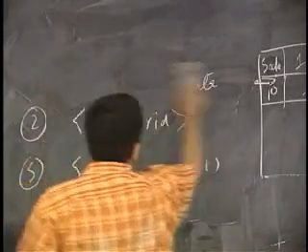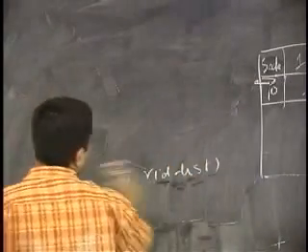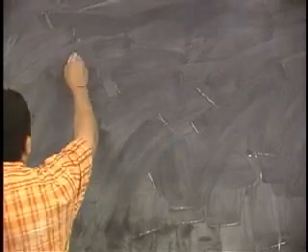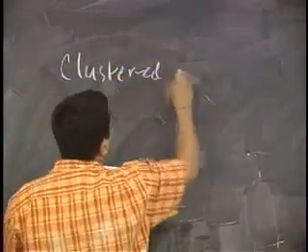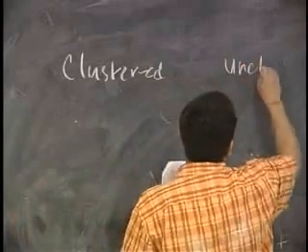So the classification of indexes goes into two kinds. The book has quite good pictorials for understanding very quickly how they are mapping. One is clustered and one is unclustered.